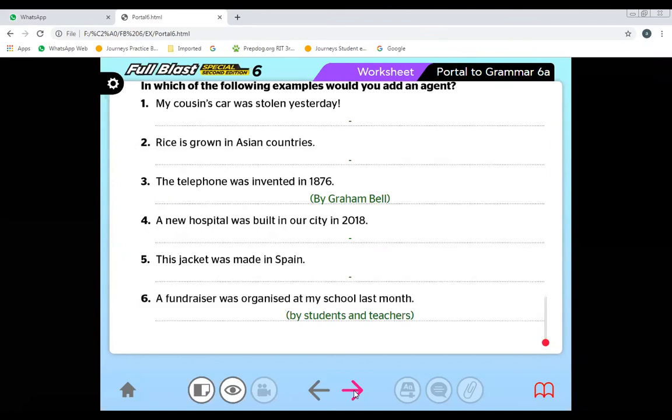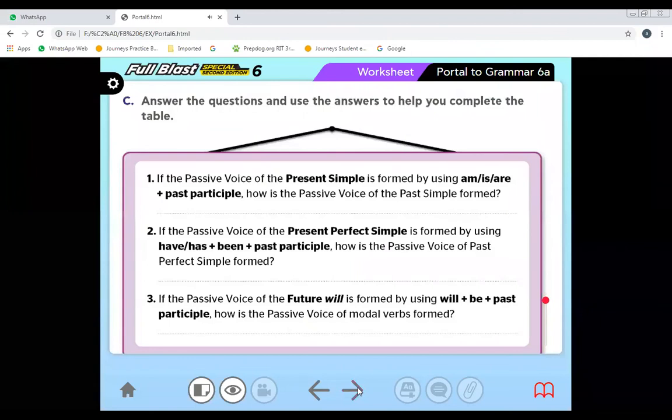No, because I don't know the agent. But if we arrested the agent, the one who did the action, my bag was stolen by a thief. So here, because the agent is known, I'm going to write by. By what? By the thief, if it's known.